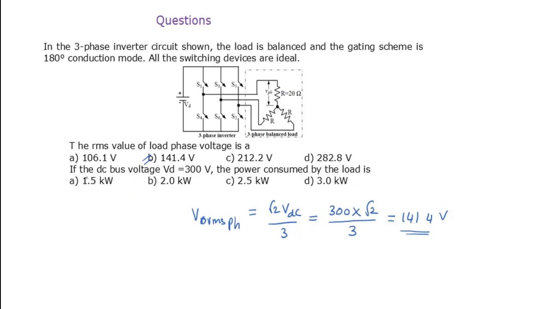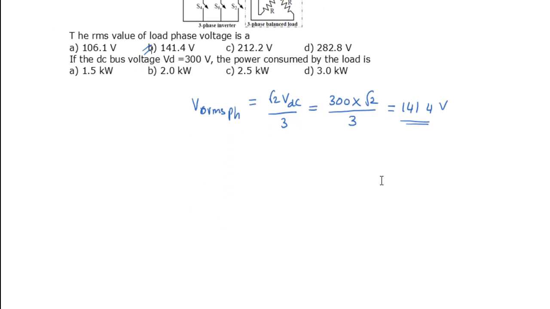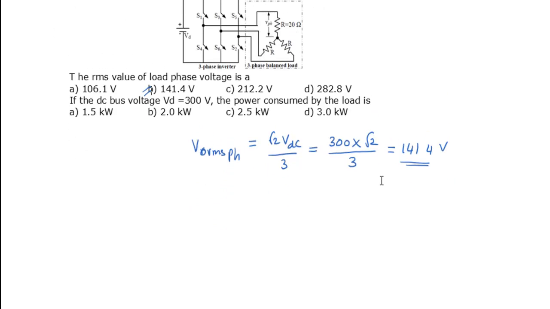The next question: if the DC bus voltage is 300 volts, the power consumed by the load is? You can easily calculate. In case of a resistive load, we already discussed this.